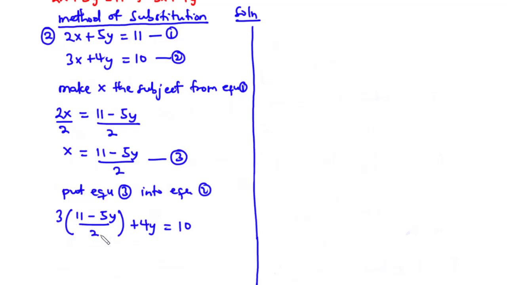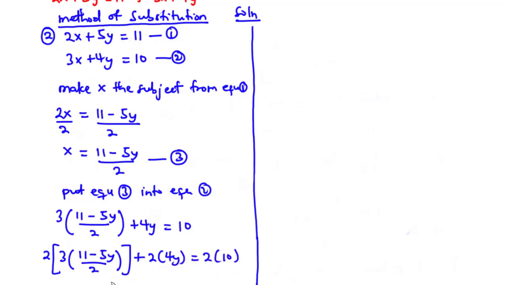equals 10. Now since we have the denominator to be 2, we have a fraction. So we need to multiply each of the terms of this equation by 2 so that we can do away with the fraction. So this becomes 2 times 3 times (11 minus 5y) divided by 2 plus 2 times 4y equals 2 times 10.